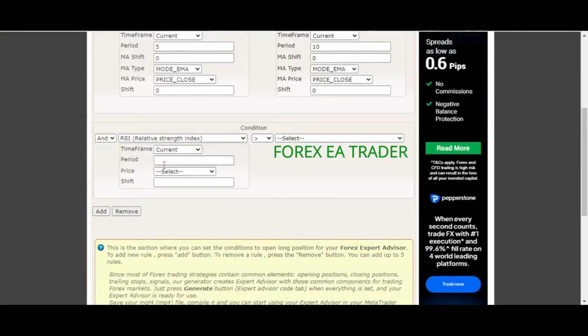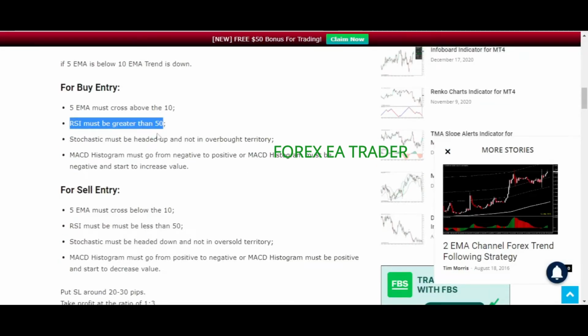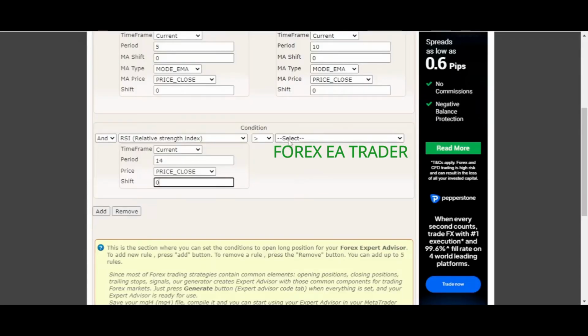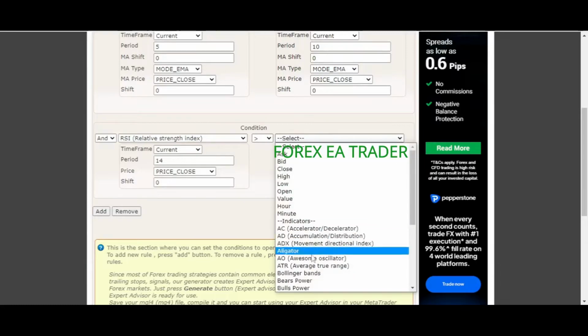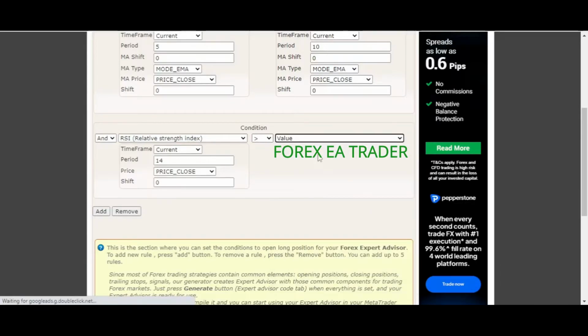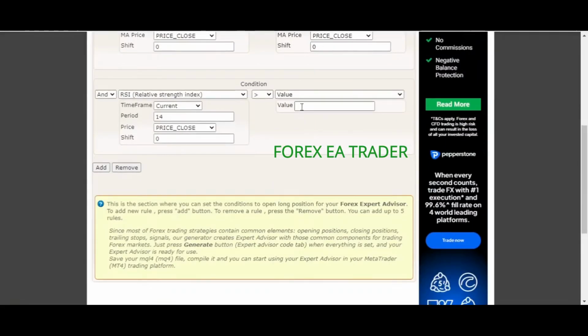RSI 14, and we're going to use the close price. Shift, we're just going to use 0, and it needs to be above the 50 line. So we're going to come here, and use value, so it's going to be above the 50 line.